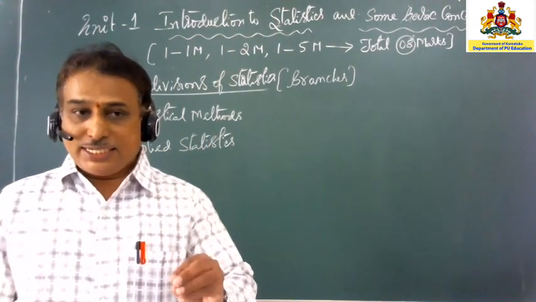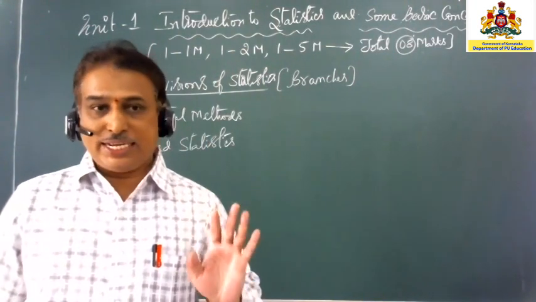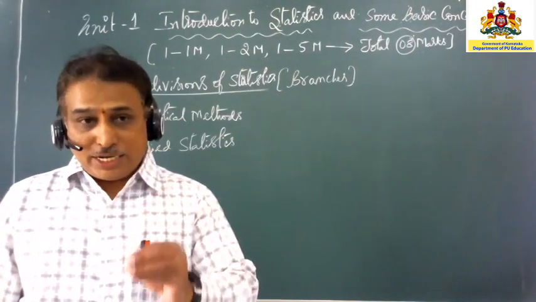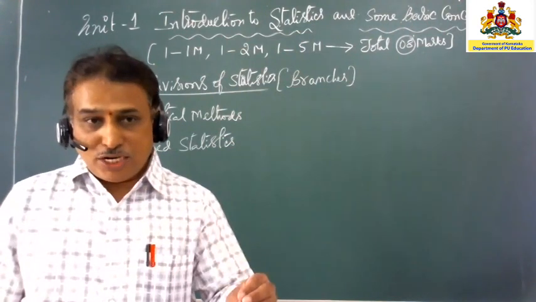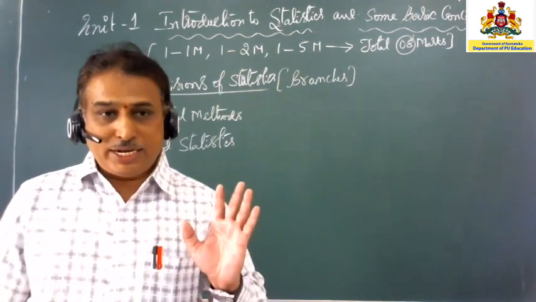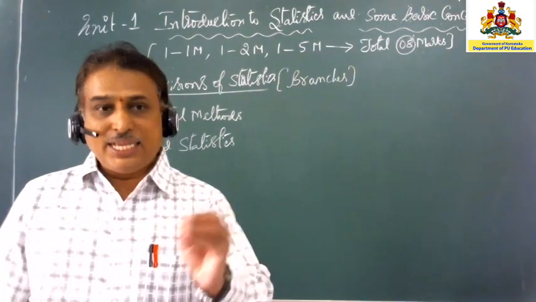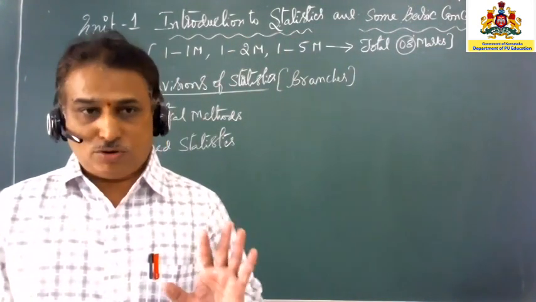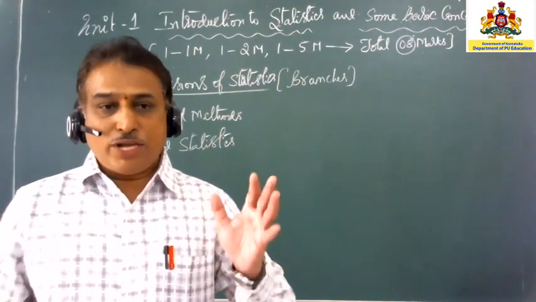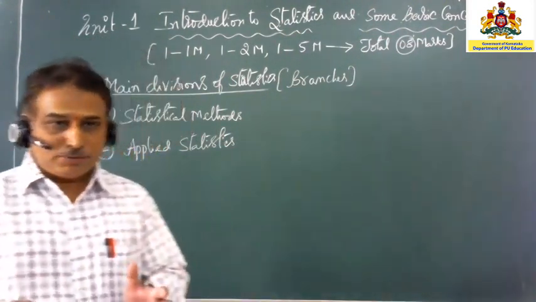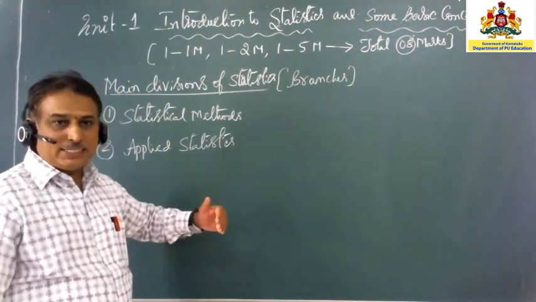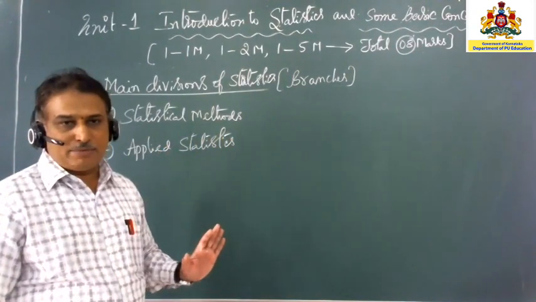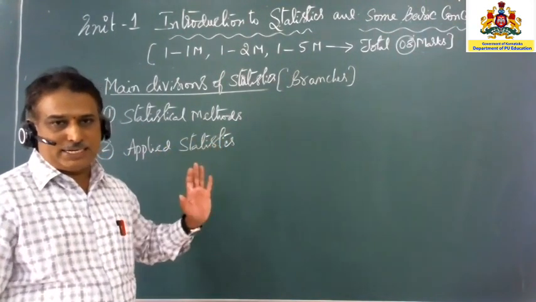Application of statistical techniques in the field of agricultural statistics. Application of statistical techniques in the field of stylometry, that means statistics in literature. Application of statistics in quality control. Like that, we are applying the statistical concepts, tools and techniques in the field of other subjects, which is called applied statistics. Mainly there are two divisions of statistics.